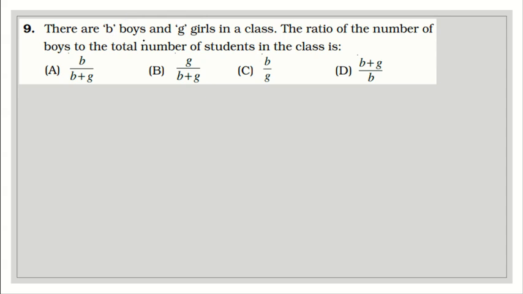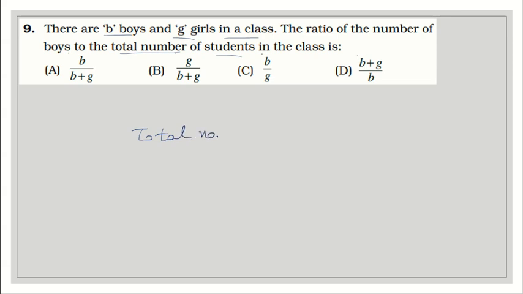There are B boys and G girls in a class. The ratio of the number of boys to the total number of students. How do you find the total number of students? By adding both boys and girls.